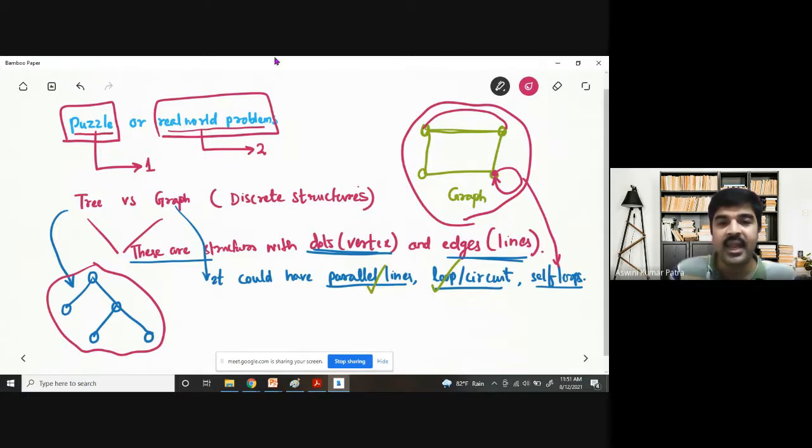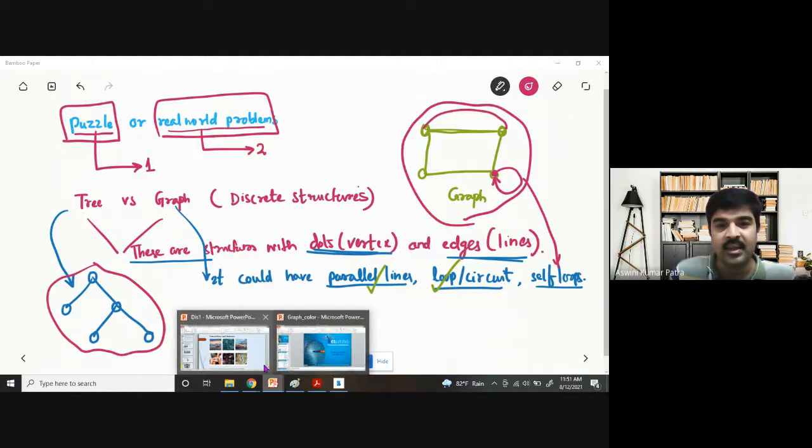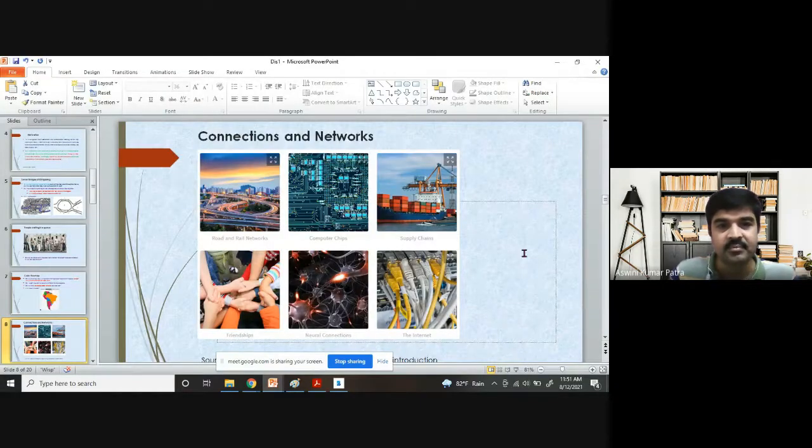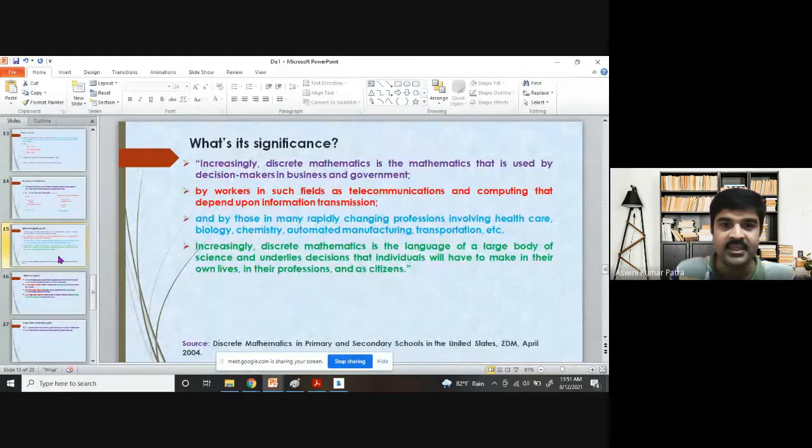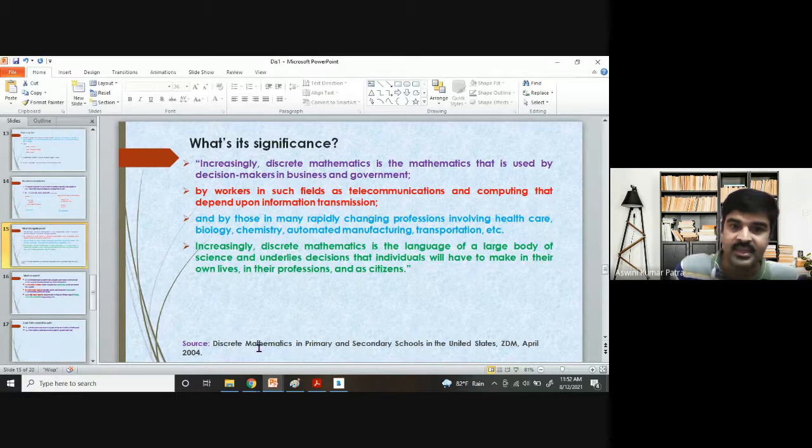At this point of time, let me go to the slide to say something about why this is happening, why the researchers are really focusing on it, and what is the need of studying this. There is a research paper I cited yesterday itself, Discrete Mathematics in Primary and Secondary Schools in the United States.